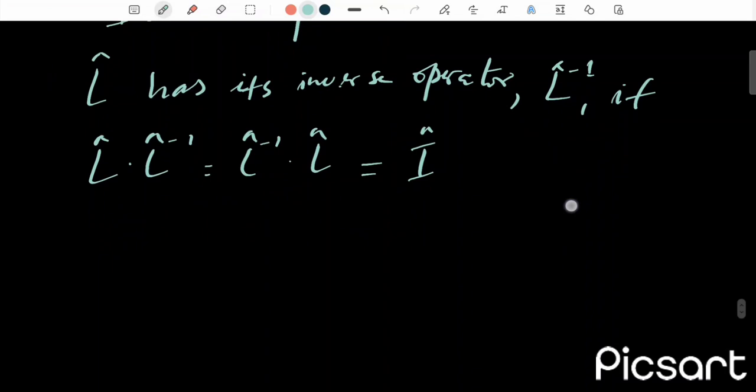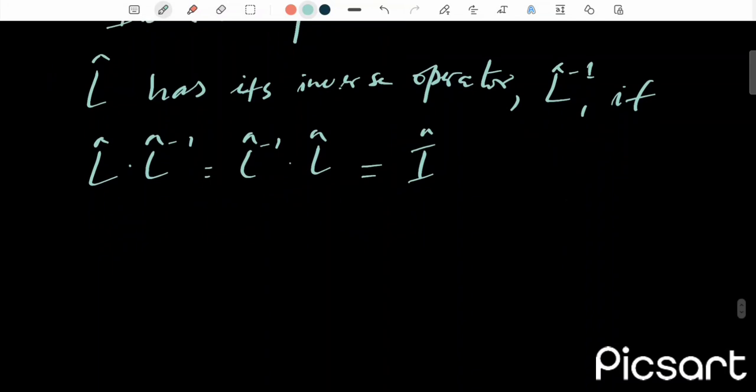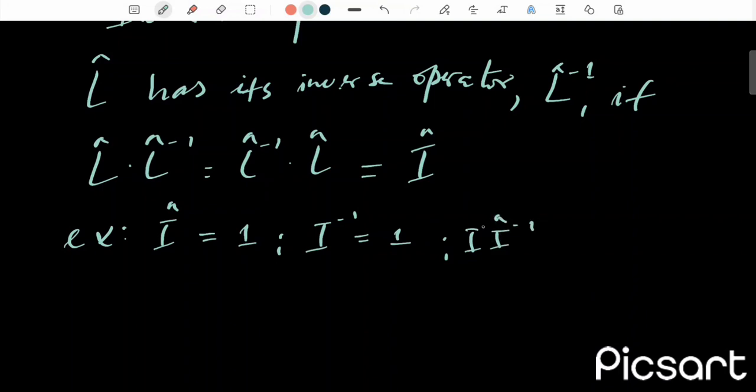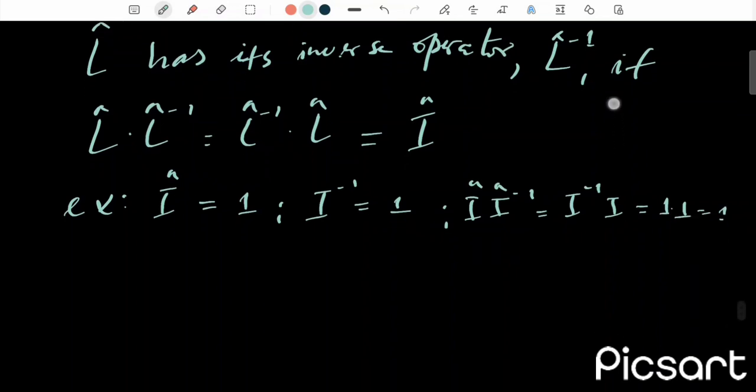Here, the first example that we can give is the identity operator. Suppose that our identity operator is 1, then we are saying that its inverse is also 1, because when we multiply I by its inverse, or also its inverse with I, it's equal to 1 times 1, which is equal to 1.